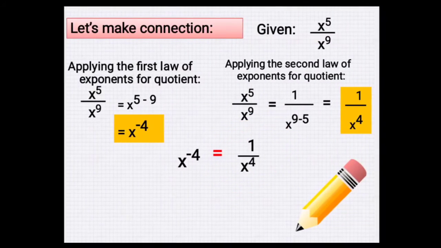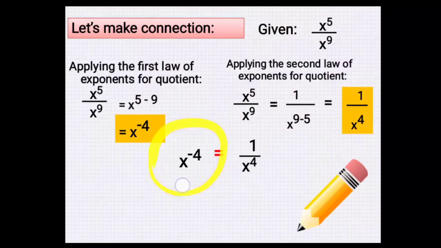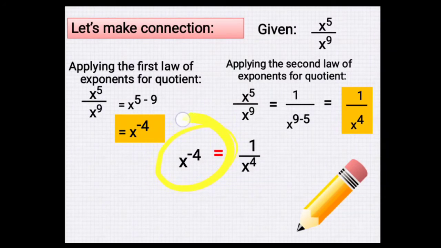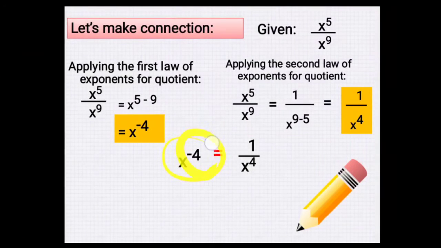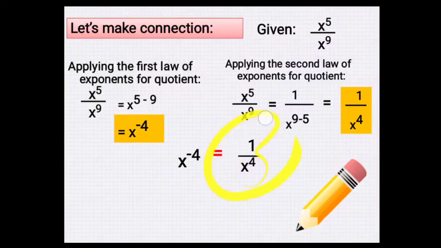In that case, if you see an expression with negative exponent, like x raised to the negative fourth power, you have to convert it to positive. So as you can see, we have negative 4 here, and if we convert it to positive, we will be having this expression. Okay, 1 over x to the fourth power.